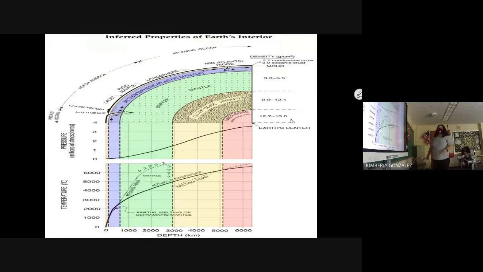Now, talking about the bottom parts, you guys have dealt with the depths before. I've asked you guys if it's at 1,000 kilometers, what particular section of the Earth are we in, that kind of stuff. Now, I can ask you specifically in the stiffer mantle at 2,000 kilometers, what's the temperature?